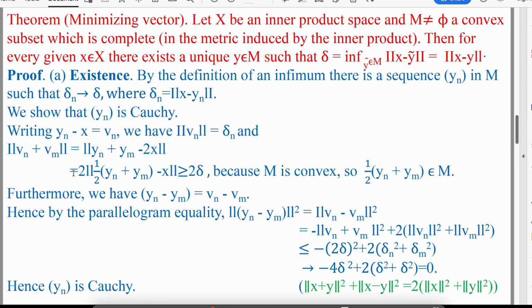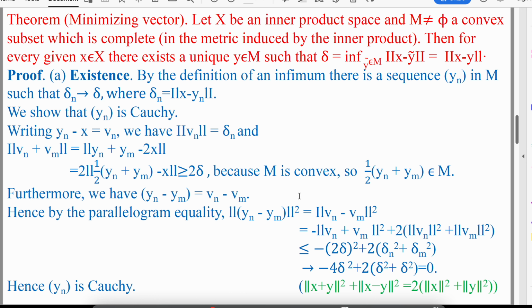Now norm vn plus vm is greater than or equal to 2 delta. If we multiply by minus on both sides, greater than or equal to will become less than or equal to, because when we multiply by a minus sign, the inequality changes. So because we have minus here, this is less than or equal to minus 2 delta whole square.